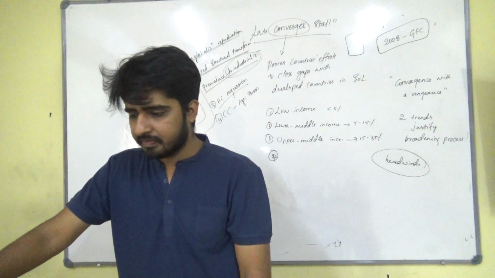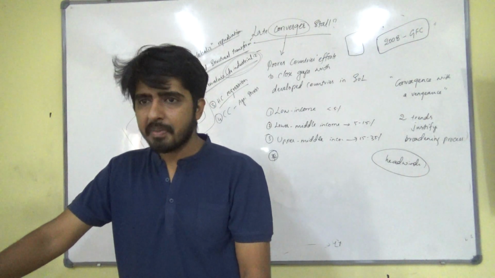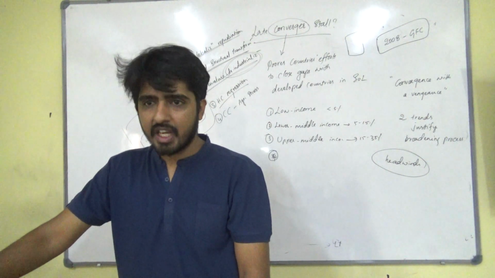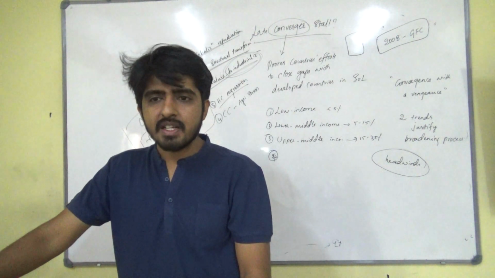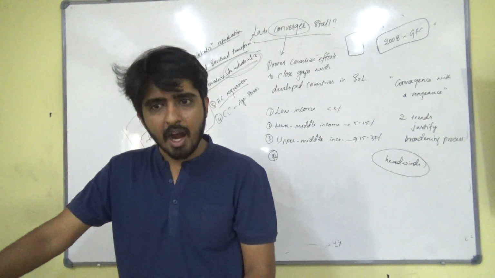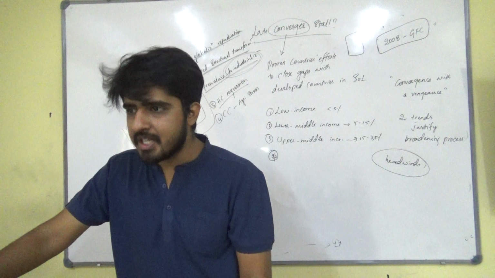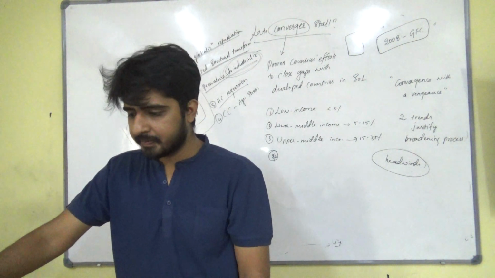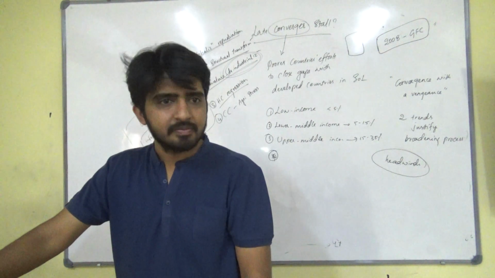Rainfall decline is also on the same trend. That is, Kharif season has seen a decline, yes. Rabi season has seen a decline, yes. The decline is more for the Rabi season. Right? Understood?